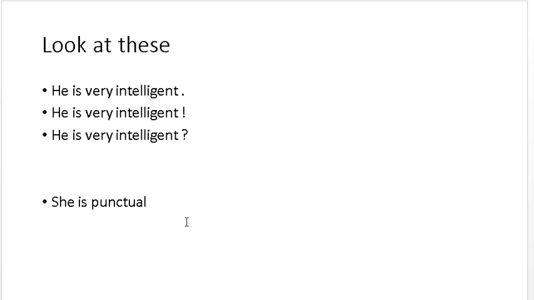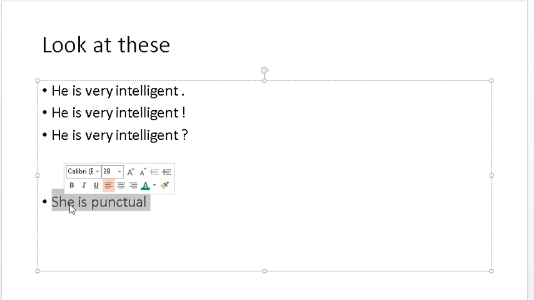Now let me tell you a scenario. For example, I'm teaching in class and a female student always comes late. This is the context, and in this context, if I say she is always punctual, even if I'm not changing the rate and quality of my voice, what does it mean? You tell me. Does it really mean whatever has been written here? Is she really punctual?